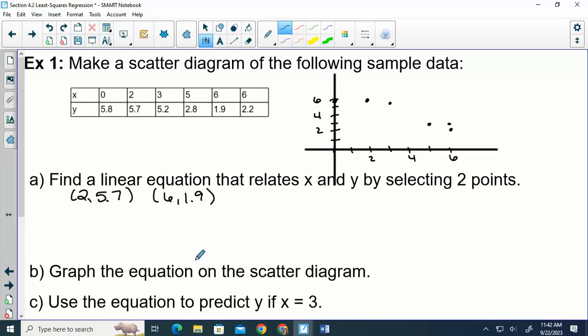So if I wanted the equation, how do you write the equation of our line? Go find the slope.